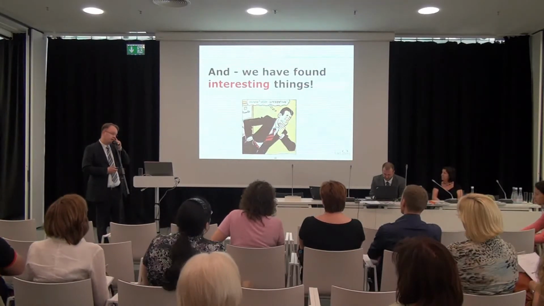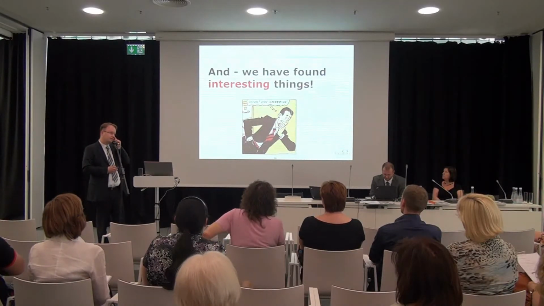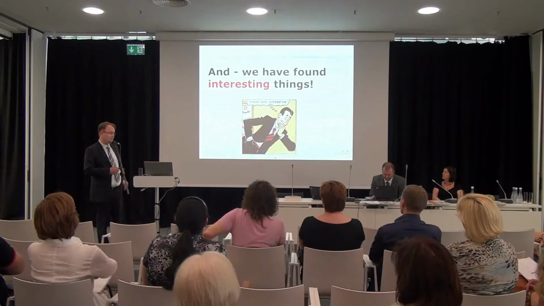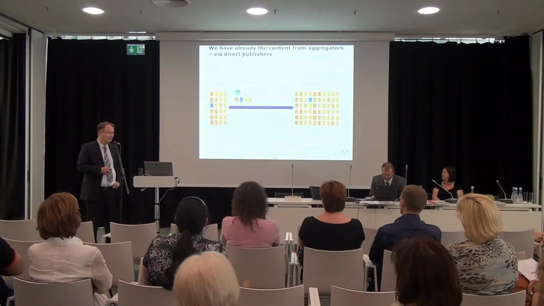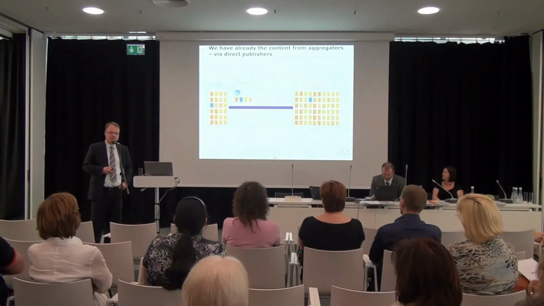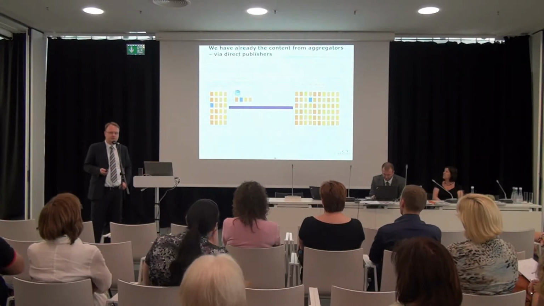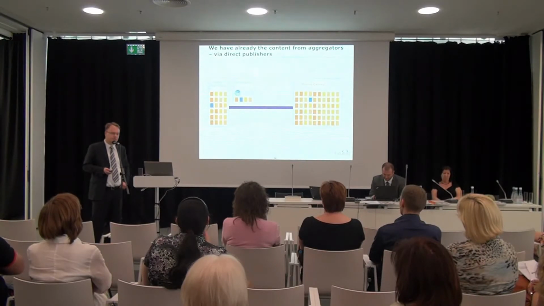And talking about aggregators, I talked about EBSCO a bit, so we found interesting things in here. So we really noticed that we have their content via direct publishers. I said they are nothing special, they are not unique, they have no unique material.